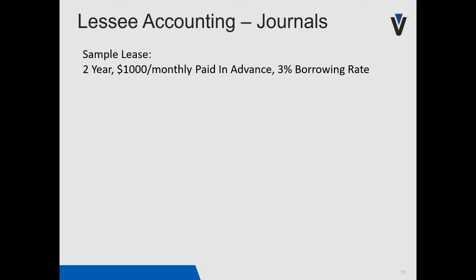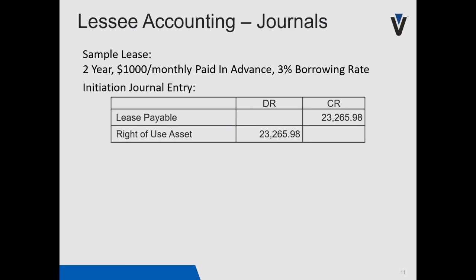As far as the journal entry goes, this sample was for a 2-year lease, $1,000 monthly paid in advance with a 3% borrowing rate. There's an initiation of the lease that happens first, and this is off of the schedule that's run in lease accounting.